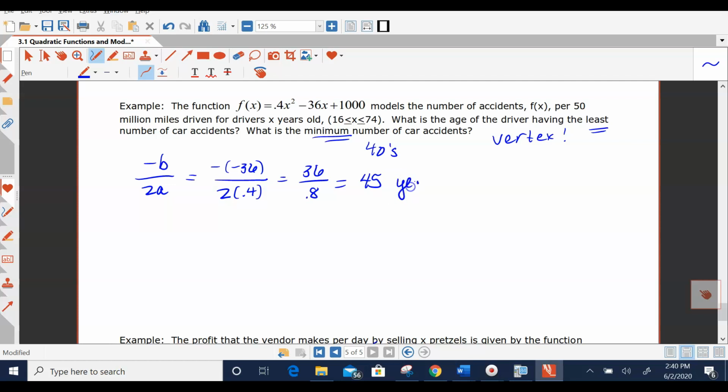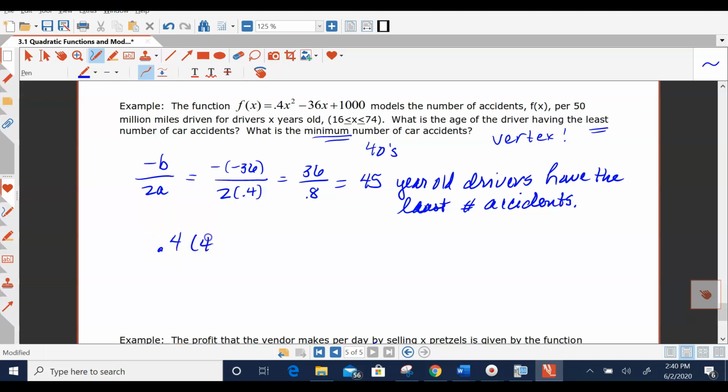So 45-year-old drivers have the least number of accidents. If I wanted to find how many accidents that would be, then I would plug in the 45. Oops, that's not an x, that would be a 45. Plug in 45, and I could find what that least number of accidents would be.